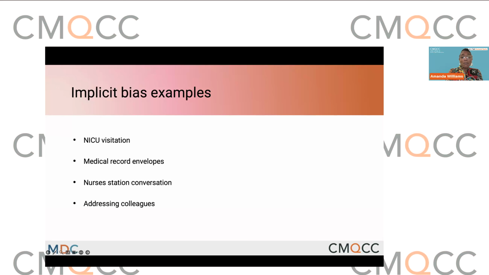We also, Christina Oldini, another one of my CMQCC colleagues, shared an example that in one of her former hospital sites where she was working, before we went to electronic medical records, they had printed medical records that used to come in different envelopes.